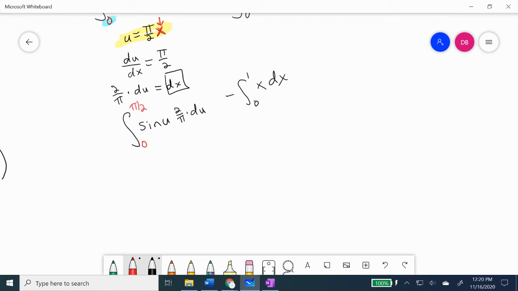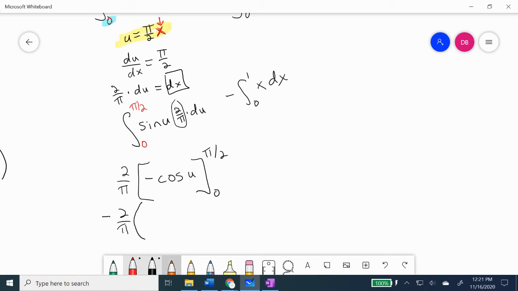And now I'm going to integrate. I have constant multiple 2 over pi. The integral of sine u is negative cosine u from u equals 0 to u equals pi over 2. And I'm going to pull this negative sign out with the 2 over pi constant.